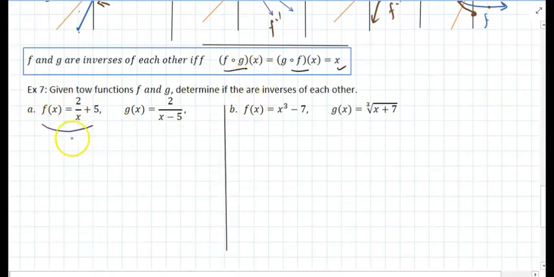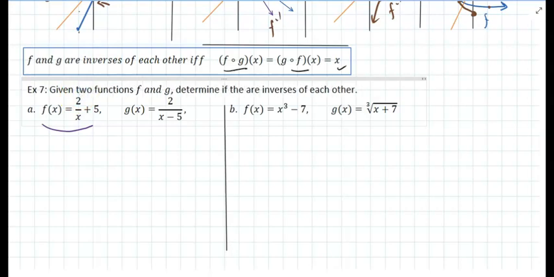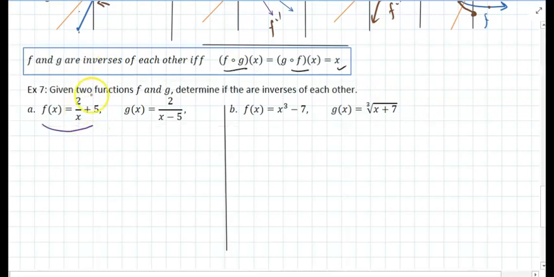But to practice this, given two functions f and g, determine if they are inverses. Again, you have an option. You could switch x with y and solve for it and show that you get this. I'll accept that, that's fine.